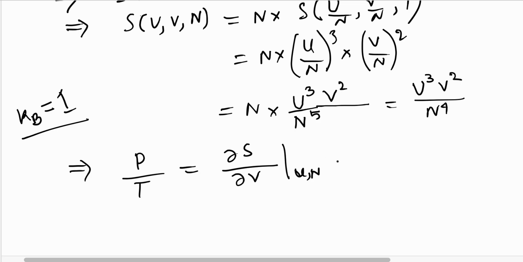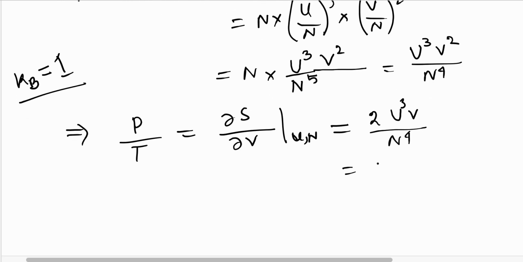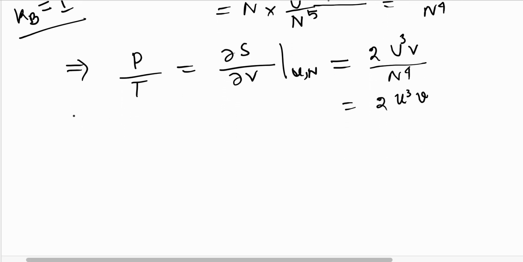If I do so, we get 2 U cube V by N to the power 4. Now I can write it again in terms of small u and v.